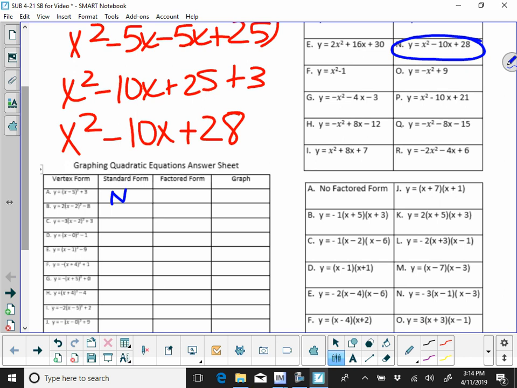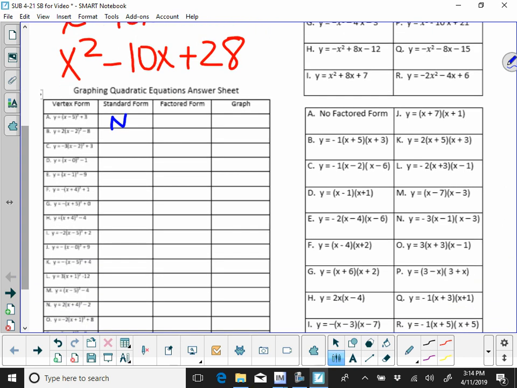Okay, now you got a couple of options from here. You can either try to factor out the x squared minus 10x plus 28, or you can work on distributing different ones down here to help you with that, okay?